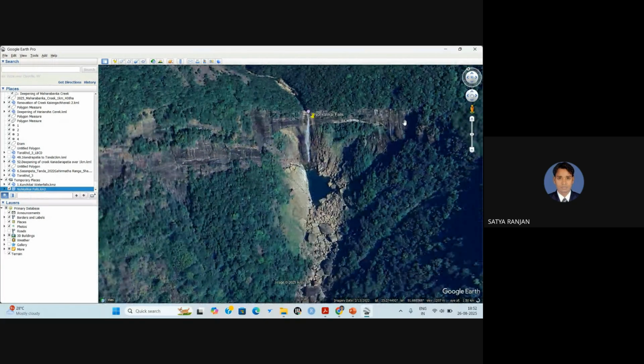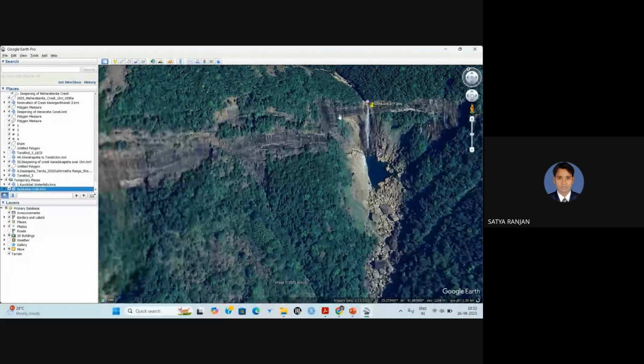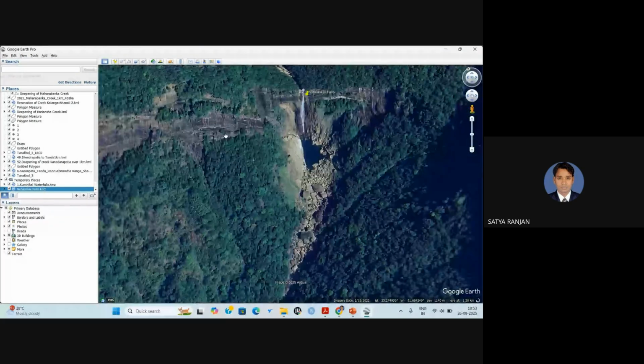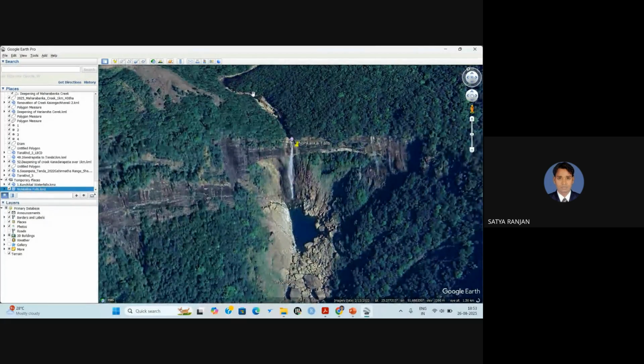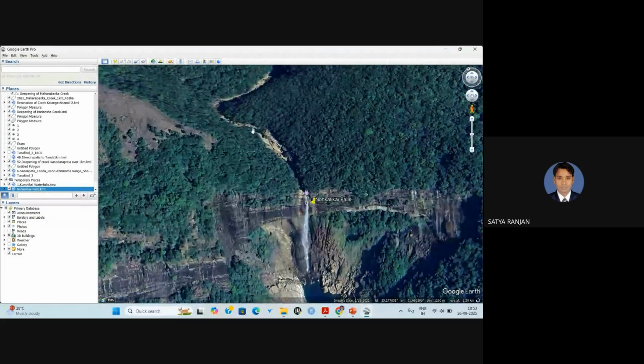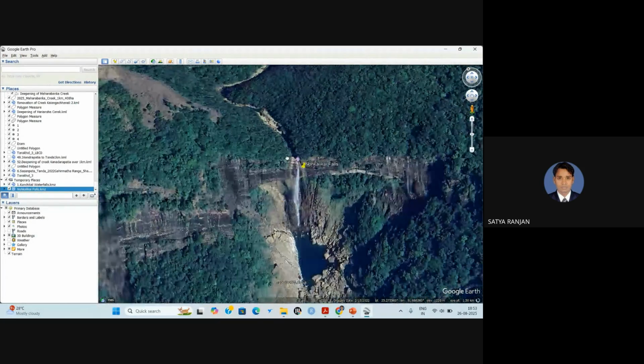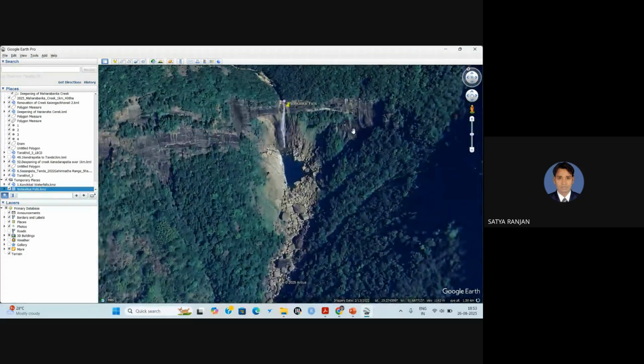This is the hard rock present in the upper area, and the area below is soft rock. In the upper area there is a high velocity of the river, so it erodes these areas gradually and creates some depressions, and after a long time of erosion, the waterfall is created.